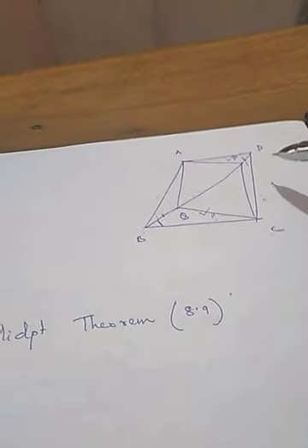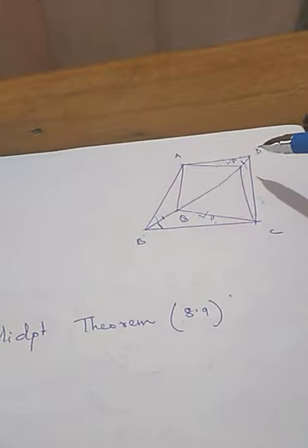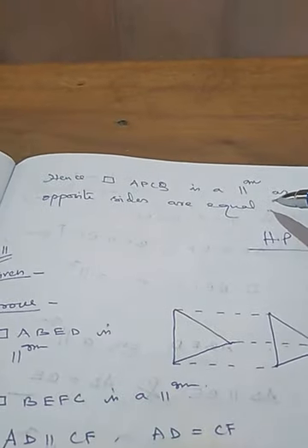We know that one theorem is there: if opposite sides are equal, then that quadrilateral is a parallelogram. So we can write, hence APCQ is a parallelogram as opposite sides are equal. So our question number 9 is finished.